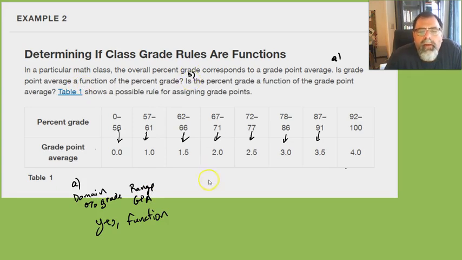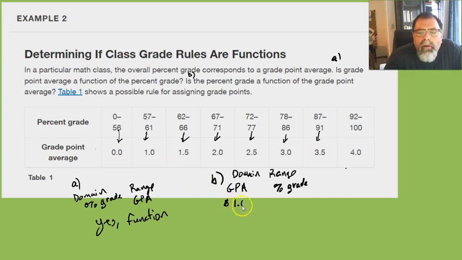Okay, now the other way around. So we want to switch this. GPA would be our domain, and the range would be your percent grade. For instance, let's do the 1.0.